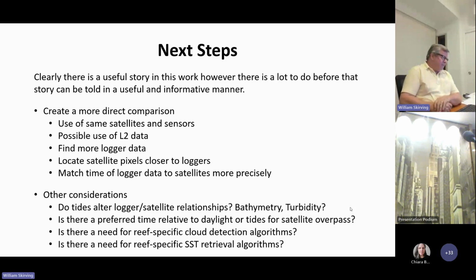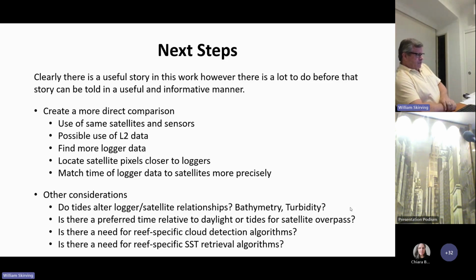Other considerations that might be interesting. Notice that there was a bit of a story in the tidal ranges for Arlington versus Dry Tortugas. So do tides alter the logger and satellite relationship, I should say? Is bathymetry a story? In other words, is turbidity a story? Because don't forget, in shallow water especially, you can have high turbidity, and that turbidity can change the temperature profile through the water.